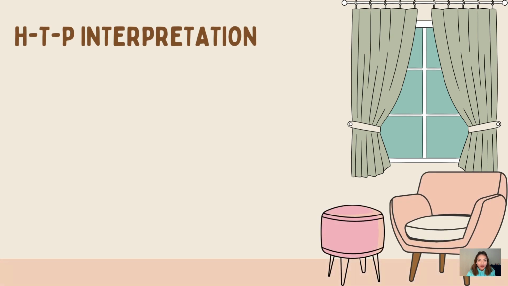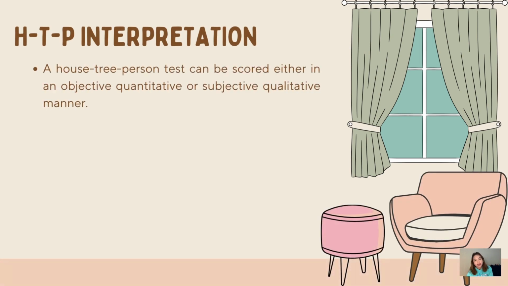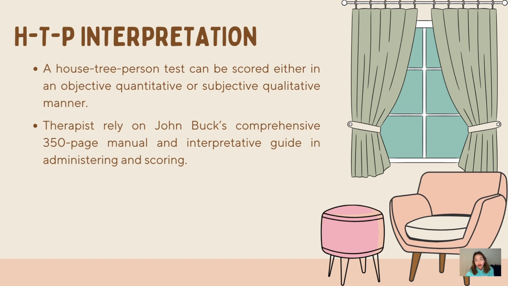So a house-tree-person test can be scored either in an objective quantitative or subjective qualitative manner, as what I have discussed a while ago about qualitative. It is a subjective analysis, but therapists rely on John Buck's comprehensive 350-page manual and interpretative guide in administering and scoring.